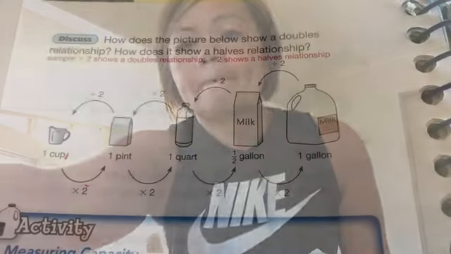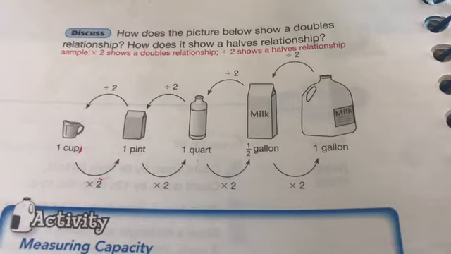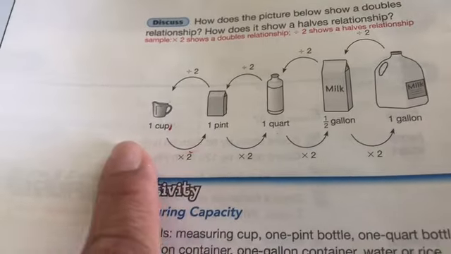All right, so let's go ahead and take a look at what the book shows on how to figure out the relationship between the different units. Okay, so if you take a look at the book, we'll start with the cup on the left, okay?